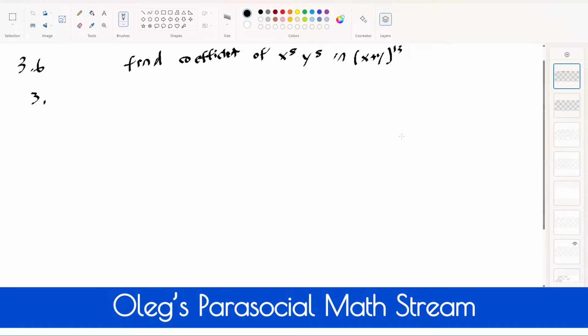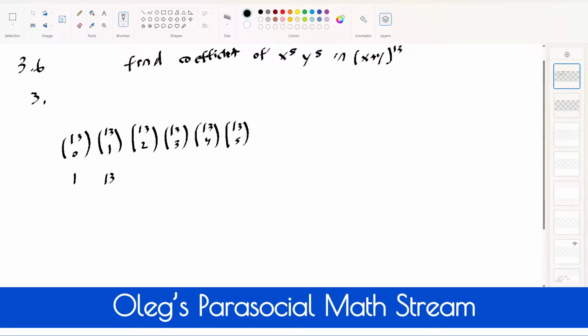Okay, let's do it. We're gonna say 13 choose 0. That's gonna be 1. 13 choose 1. That's gonna be 13. 13 choose 2. 13 choose 3. 13 choose 4. 13 choose 5.